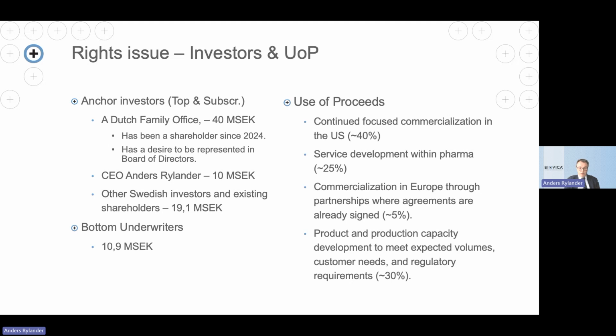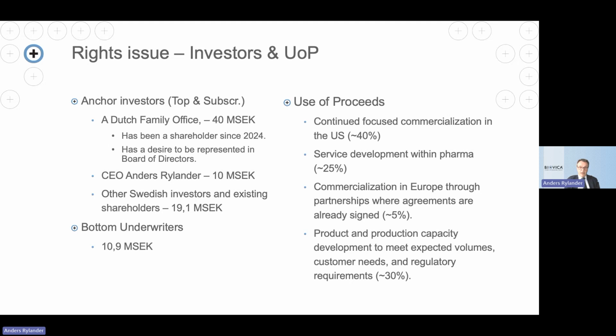Anders, our CEO, is adding another 10 million, and both these investments of 40 and 10 million are a combination of subscription commitment and top underwriting. And then we have another section of Swedish investors and existing shareholders that is adding 19.1 million.